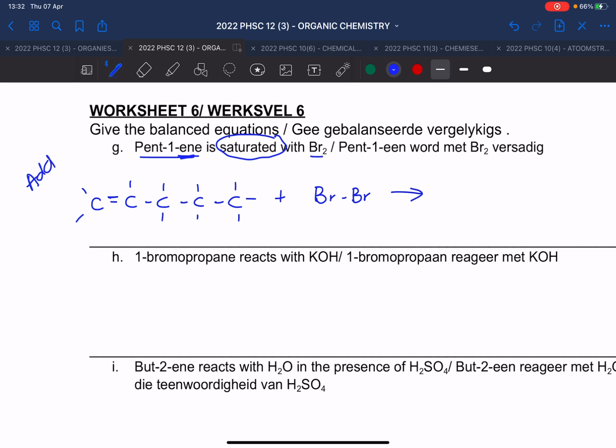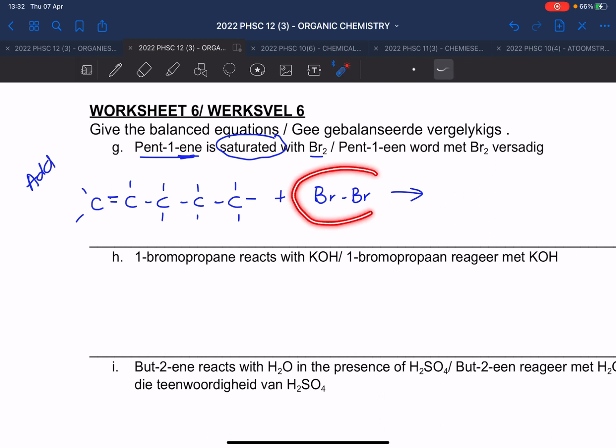Tiamo, your question. What type of addition reaction is this? Look, what do we add?